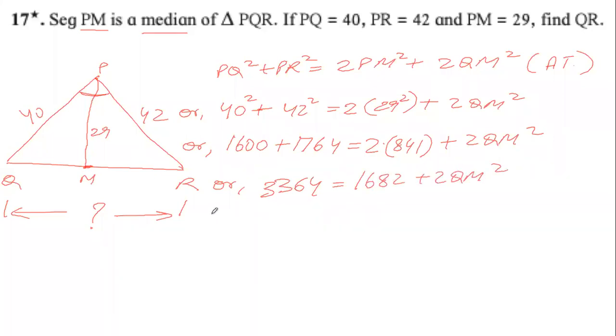2QM square. Now when we simplify this, we will get 2QM square will be 3364 minus 1682. Subtract and tell. You subtract and tell, and then I will tell you a secret.